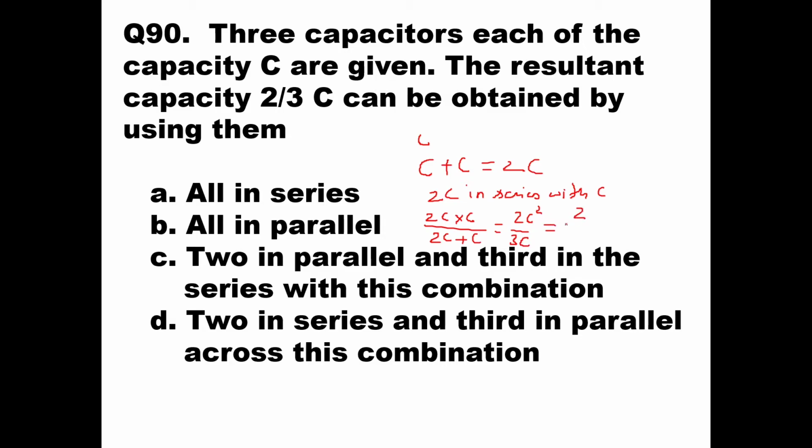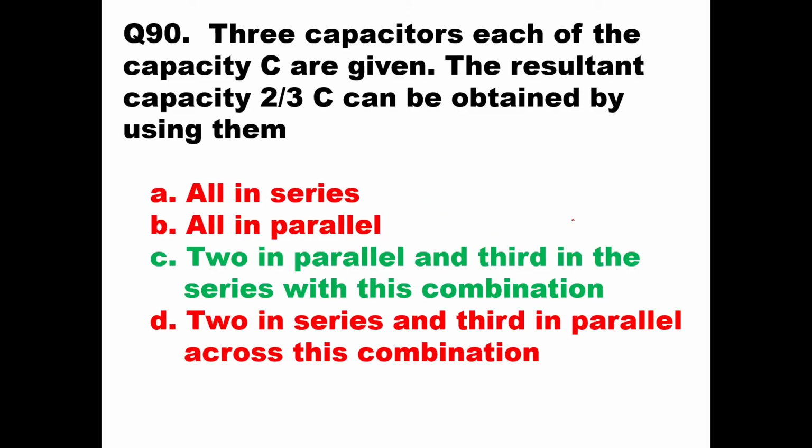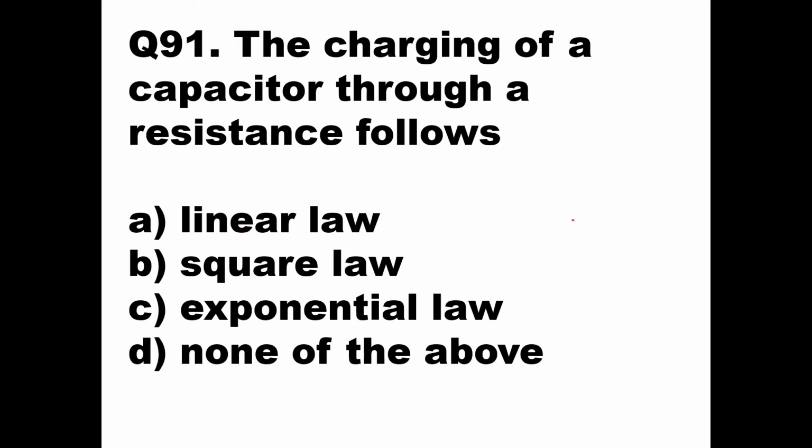So it will be 2 by 3C. So here we see that two capacitors should be in parallel and one capacitor should be in series with that combination. So out of these options, option C will be the right answer. Two in parallel and third in series with this combination. Then we'll go to the next question, question number 91.